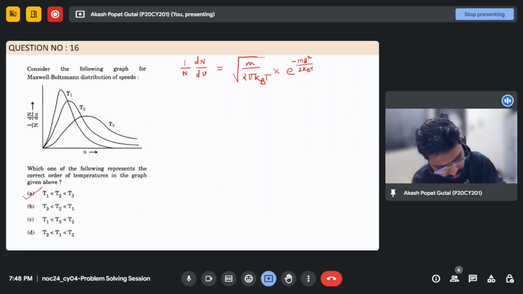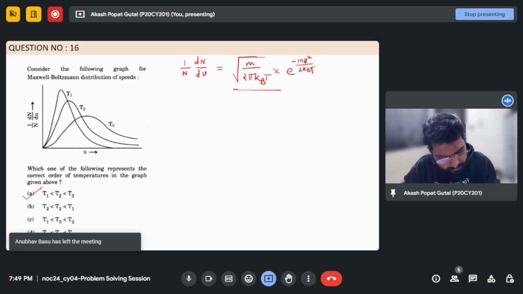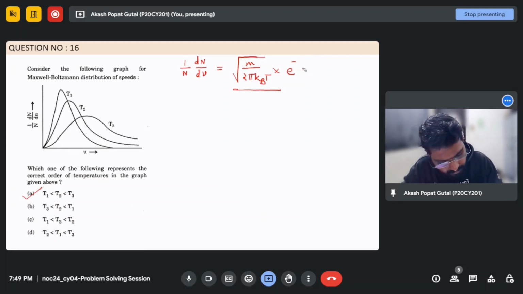So how it depends upon temperature: there are two parts in this equation. The first is the factor square root of m divided by 2 pi kB T, and the second is the exponential, which I'll write in a different way: minus m divided by 2 kB T into v square.